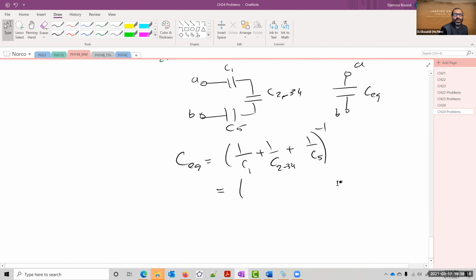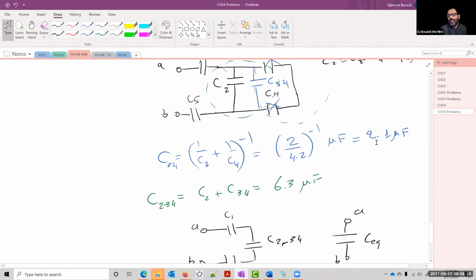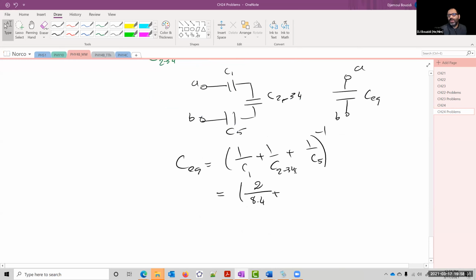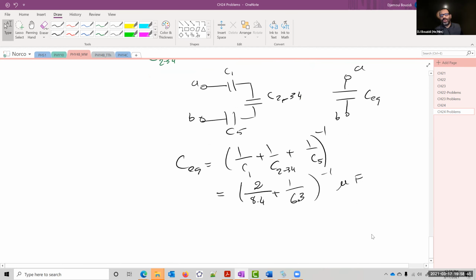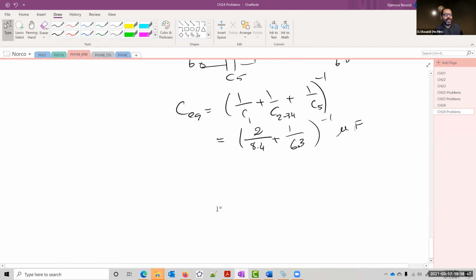So it's going to be 2 divided by 8.4 plus 1 over C234, which is 6.3, and the whole thing to the -1, and the answer is going to be in microfarads. So again, 1 over 8.4 is 1 over 4.2, and we're in business actually.